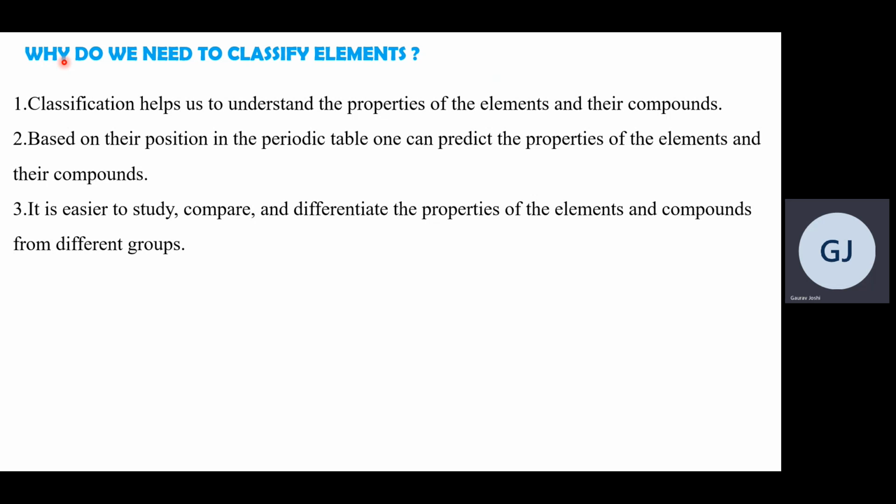So if there are a total of 118 elements known, they actually have different physical properties, different chemical properties, and different bond forming properties. So their chemical and physical nature vary between each other.